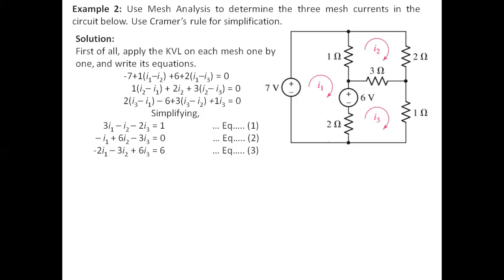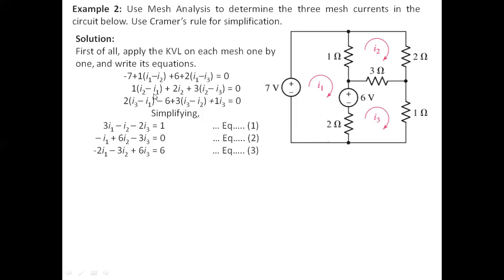Then simplify those three equations, which give equations 1, 2, 3. Here you can see I1, here also I1. Just simplify that: 3I1 minus I2 minus 2I3 equal to 6 minus 1 minus 7, a minus value, shifted to that side, equal to plus 1. That is the first equation.